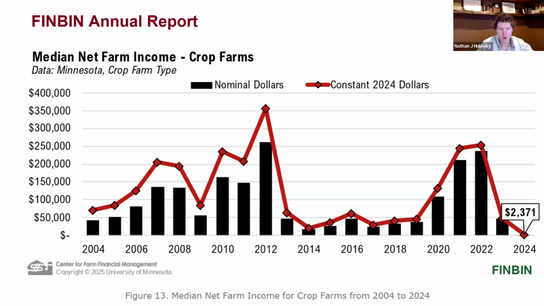If we look at that red line, constant inflation adjusted 2024 dollars, in 2012 our median crop farm income was above $300,000. So humongous income that we saw in that 2010 through 2012 period.